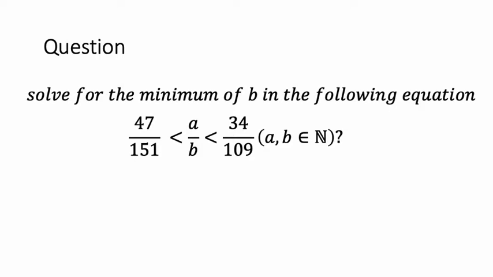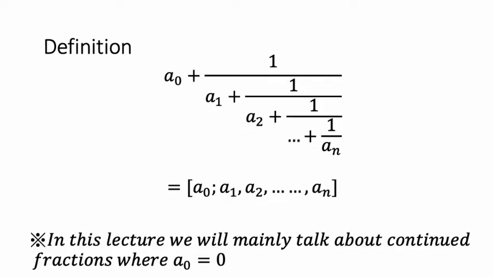So before solving this question, we'll look at something that is important in this video, which is continued fractions. The definition for continued fractions is like this. We can denote continued fractions in this form, where a0 plus 1 all over a1 plus 1 all over a2 plus 1 all over ... plus 1 over an.